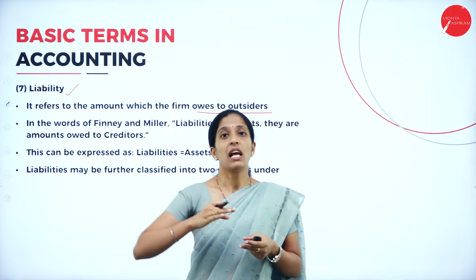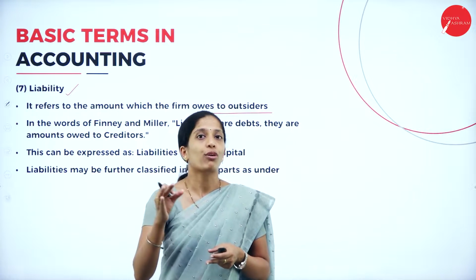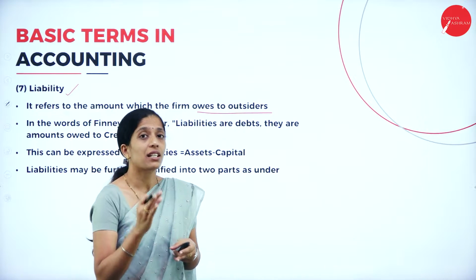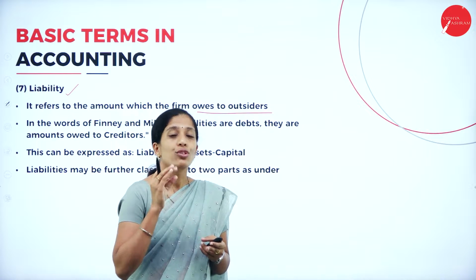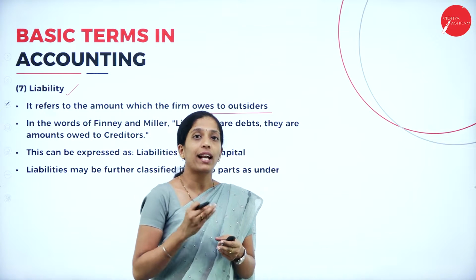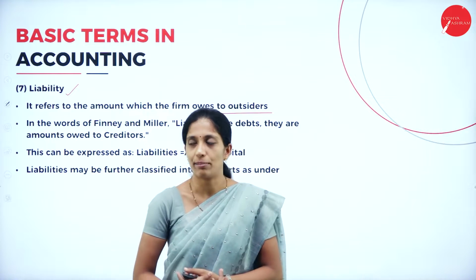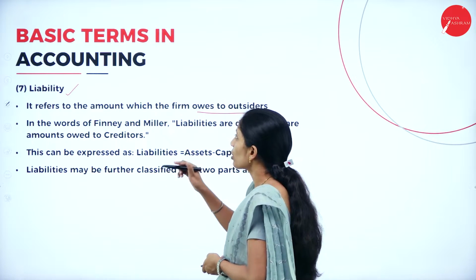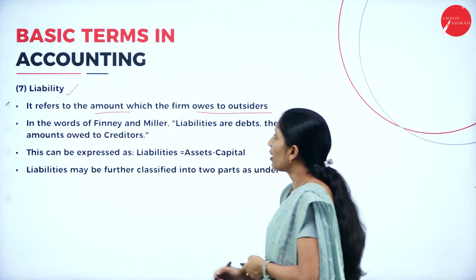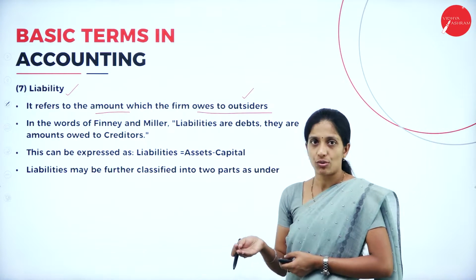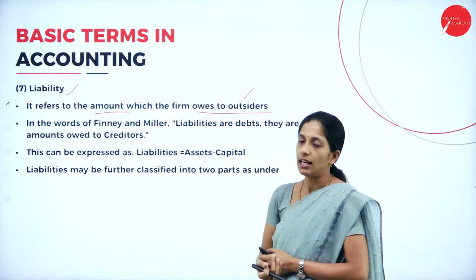So that is known as liability. For example, if the organization has borrowed a loan from a financial institution, of course it has to be returned back, right? So that amount which the organization has to pay back is known as what? Liability. So it refers to the amount which the firm owes to the outsiders, that is, the amount to be paid to the outsiders is called liability.